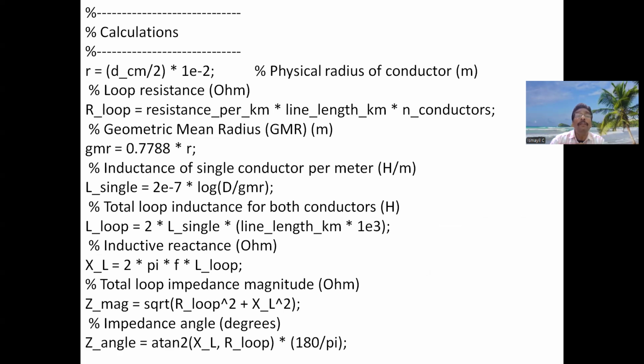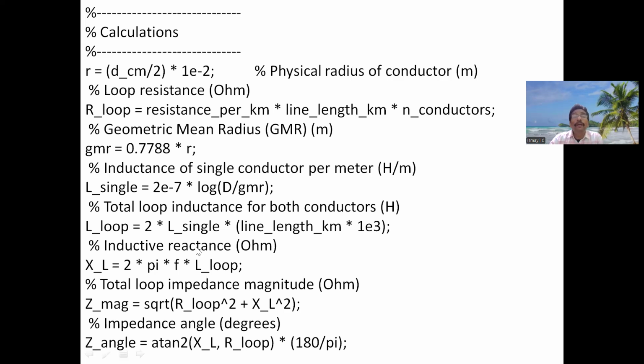Now, I am doing the inductance part. For that, first I am calculating GMR. The expression for GMR, geometric mean radius, is 0.778 into r. The inductance of a single conductor per meter is given by the formula 2 into 10 raised to minus 7 into log D by GMR. We already defined D and calculated GMR here, so MATLAB will calculate the inductance of a single line.